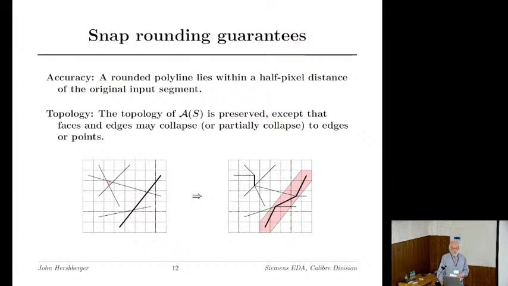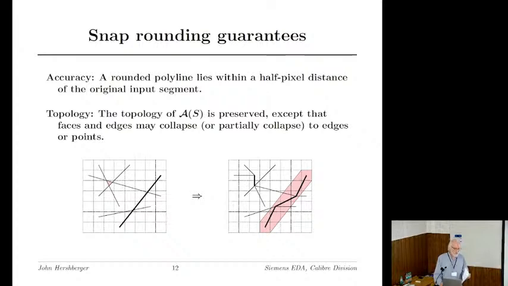Accuracy: the rounded result of an original segment lies within half a pixel distance of the original input segment, which is pretty obvious because the replacement for an input segment is just a polyline joining the centers of the hot pixels that the original segment touches, and all of those centers are within half a pixel of the original segment, and so the line segments joining those centers are also within that half pixel distance.